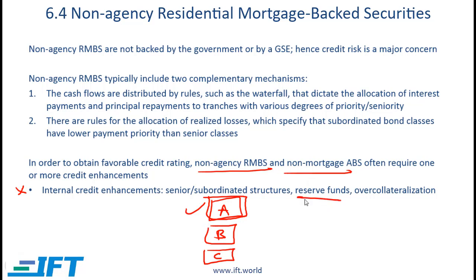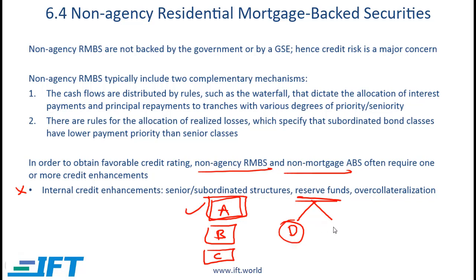In terms of reserve funds, there are two forms that this can take. One is simply extra cash. So this would be a deposit made by the SPV. Obviously, if there is extra cash that is added by the SPV, that makes investors more comfortable, and this is one type of an internal credit enhancement.